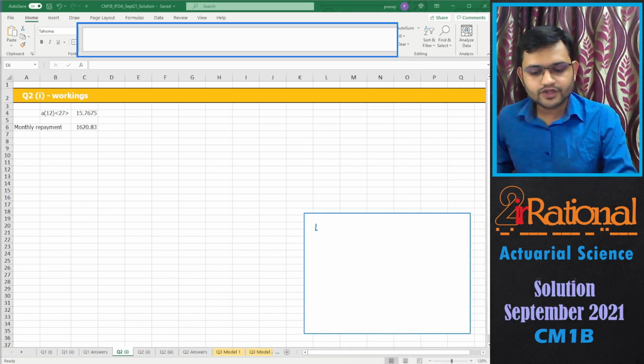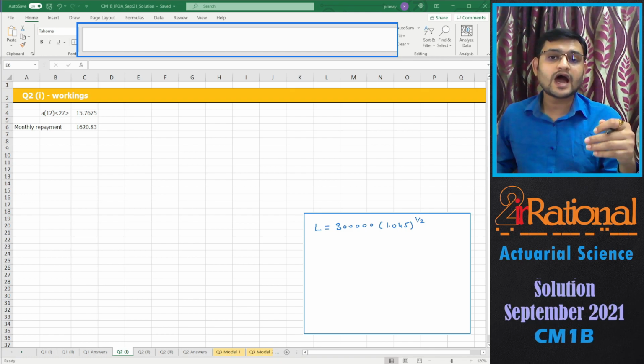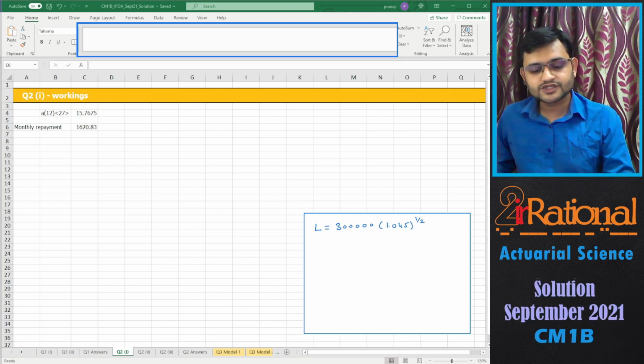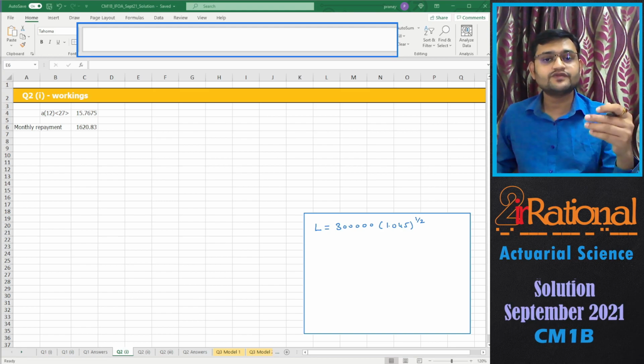So because for the first 6 months the loan was increasing, our 300,000 times 1.045 raised to half will be the loan amount after 6 months, but later on we will be paying only the interest. Therefore, this loan amount stays the same at the end of the third year also when we start repaying our loan.